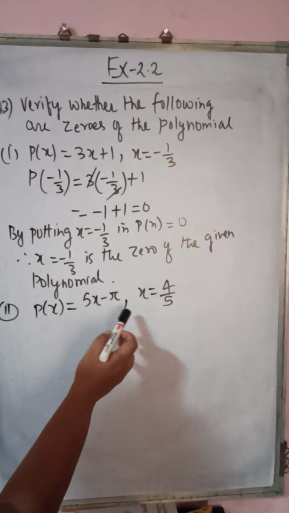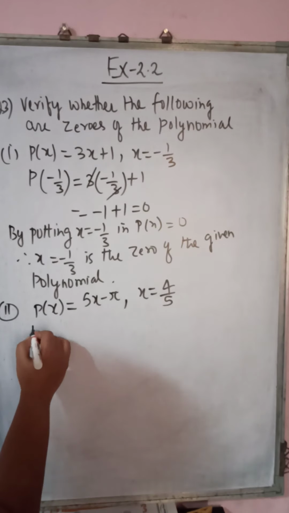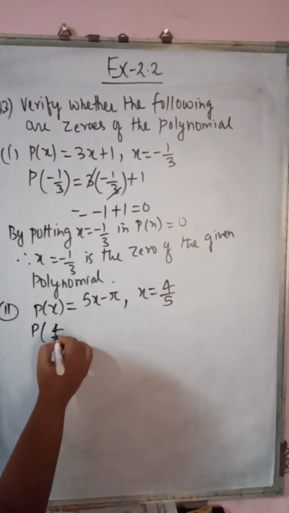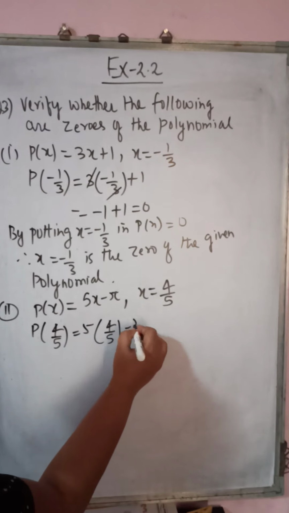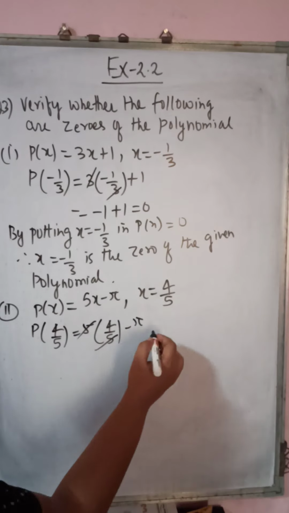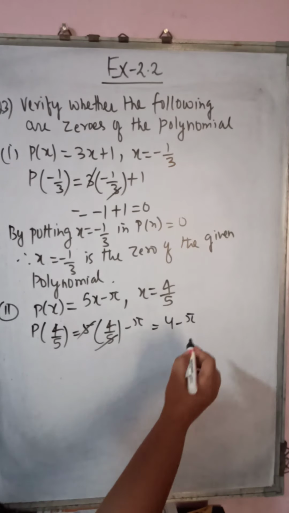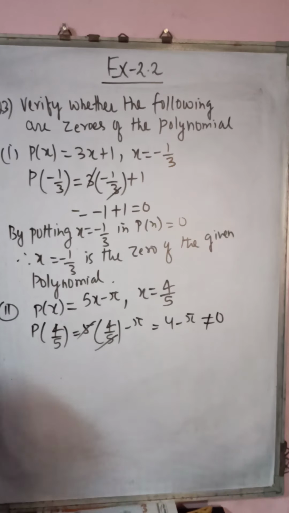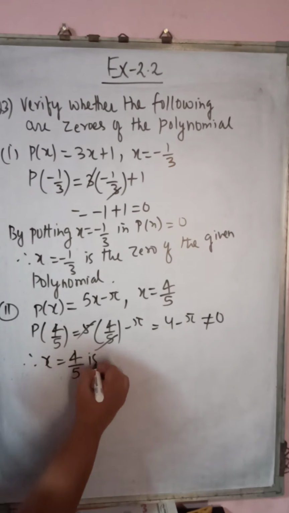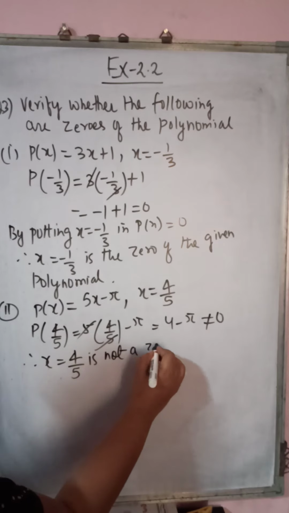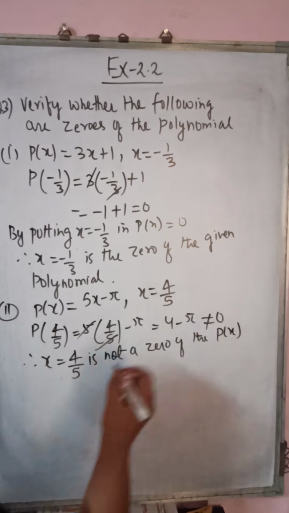Wherever x is there you will put this and you will see whether you are getting the answer equal to 0. So P of 4 by 5 is equal to 5 into 4 by 5 minus pi. This 5 can get cancelled, so you will get 4 minus pi. So it is not equal to 0. Therefore x is equal to 4 by 5 is not a zero of the given polynomial P of x.